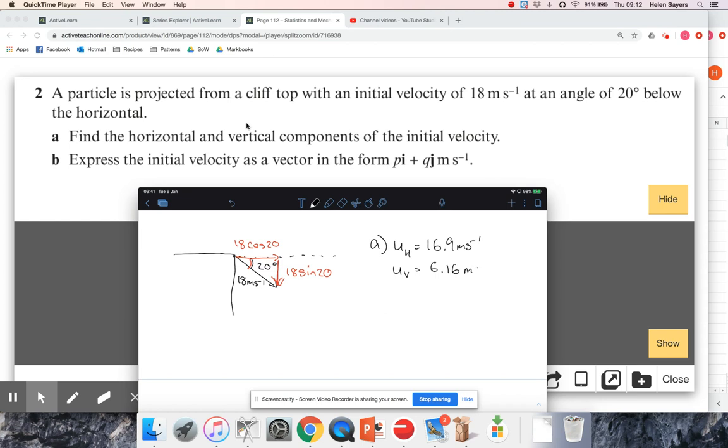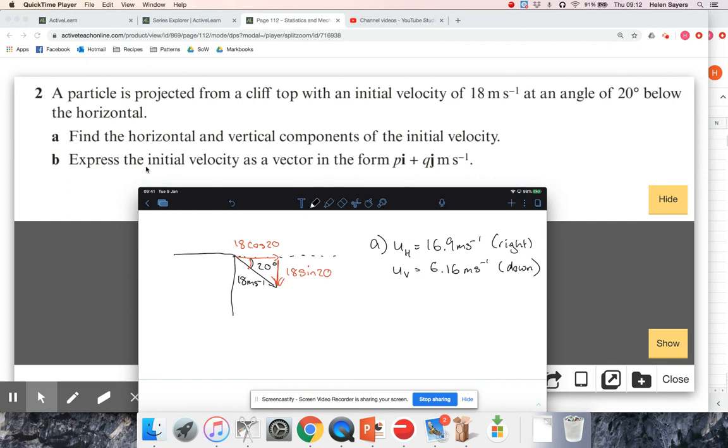But there's no real indication there that the horizontal is to the right and the vertical is down. So I could put right and down. But really, it just asks me for the values of those velocities.